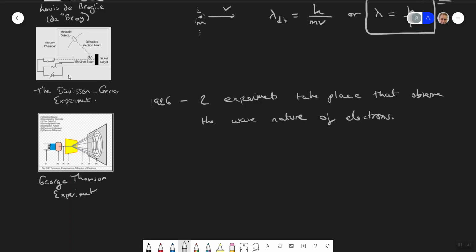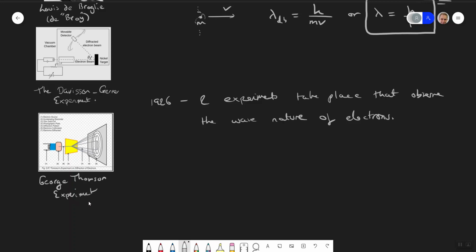But as they moved their detector around, they found that there were certain angles where they would get lots of electrons coming back and some angles where they wouldn't. They're basically observing maxima and minima, which is only something you can see if you're dealing with waves.